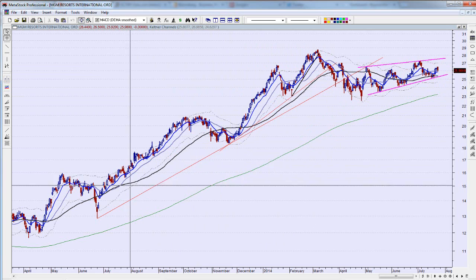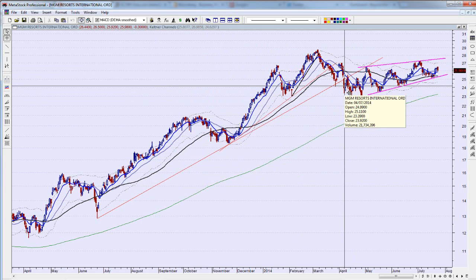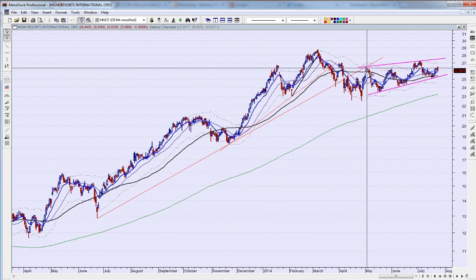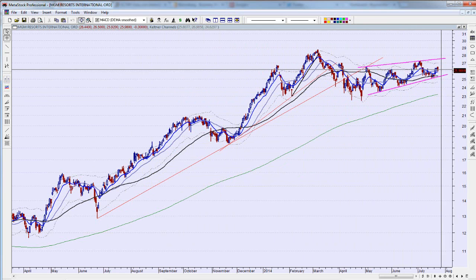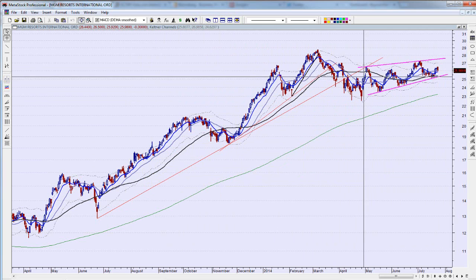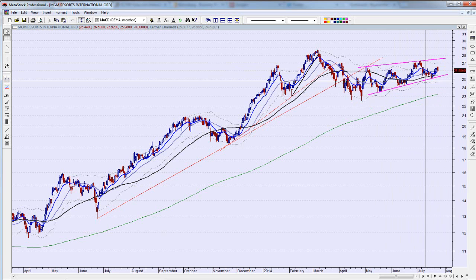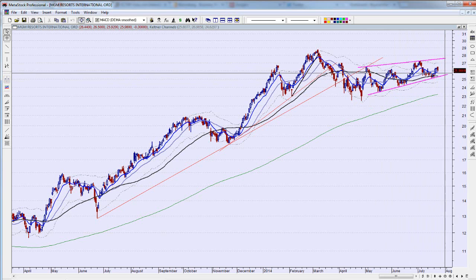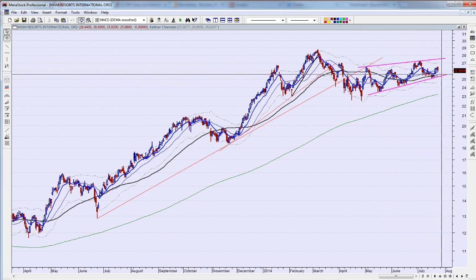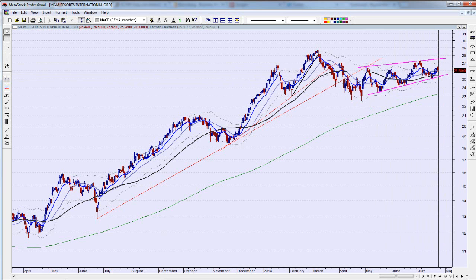You can see this trend line was broken in April. Then we pulled back to the trend line, and we've basically been chopping sideways. So as best as I can determine, it looks like we're in some kind of corrective sideways triangular motion. It's not totally clear, so you've got to be careful in here as to what's going on.